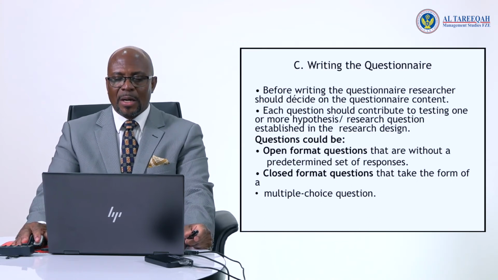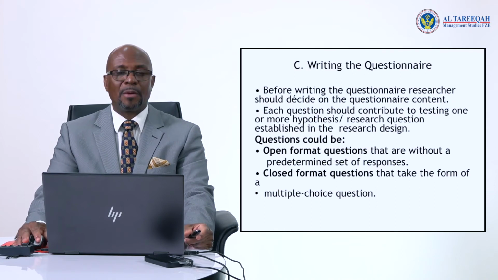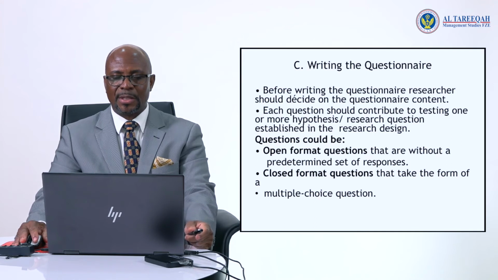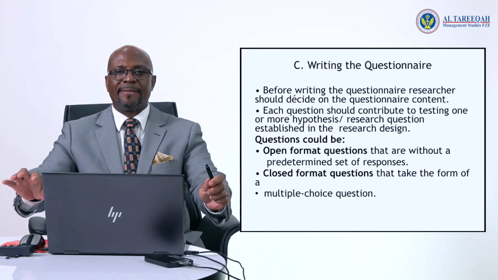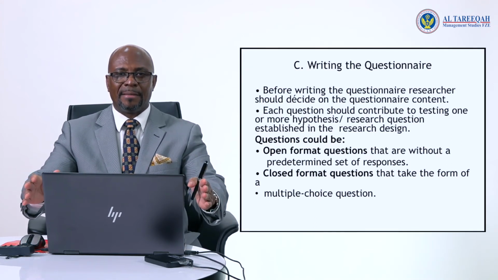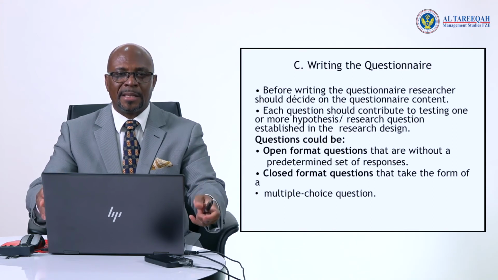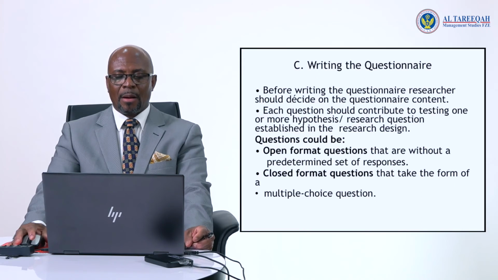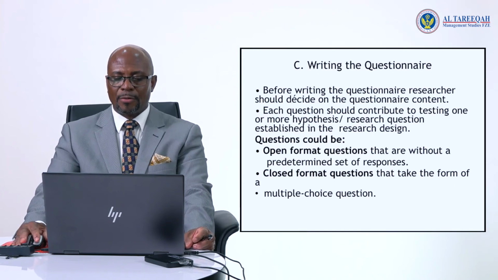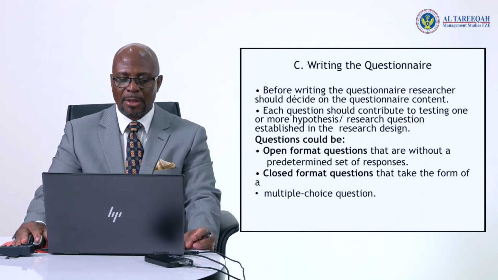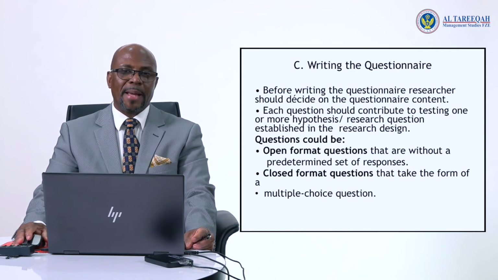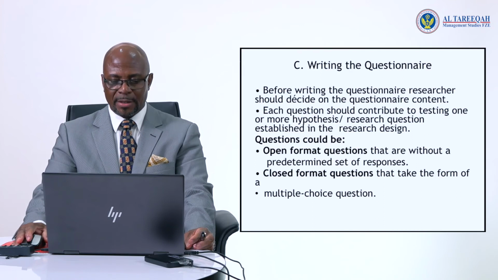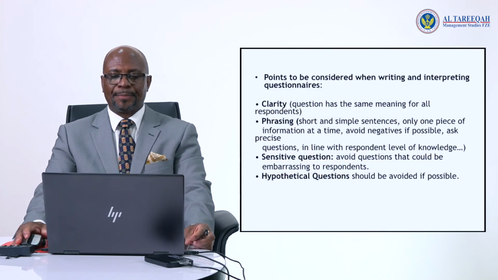Questions could be open format, without a predetermined set of responses. You have the 7-scale Likert scale, which is what SBS is recommending. They can also be closed format, taking the form of multiple choice questions, depending on the choice of your research questions.